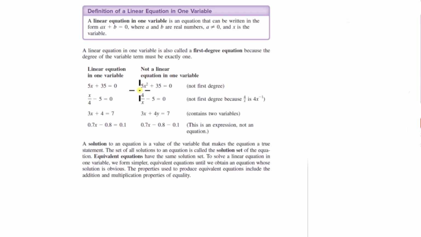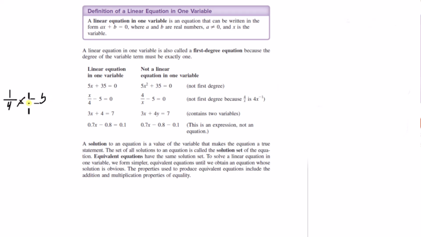It's just got these variables strictly with whole number exponents, but it's not linear though. Here, this is kind of confusing, but if you look closely, this 1/4 is just a coefficient in front of the x. So, yeah, that's a linear equation.